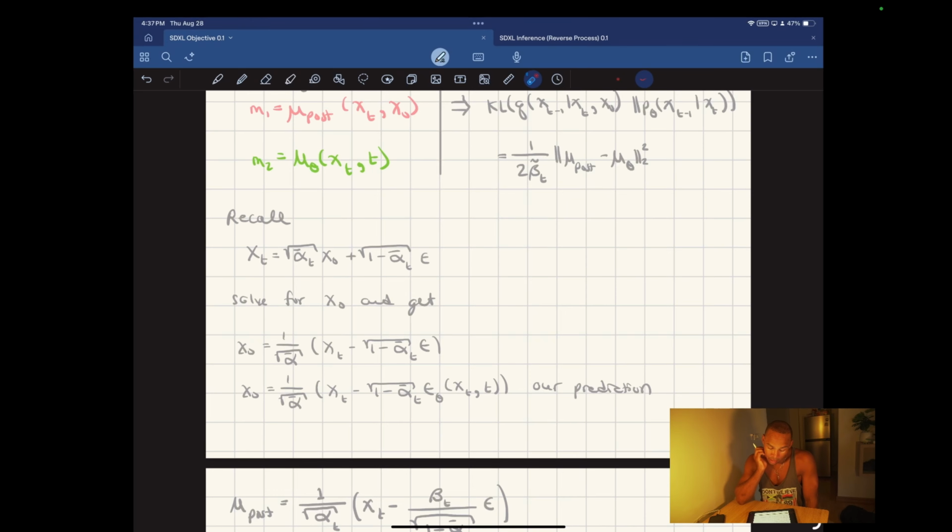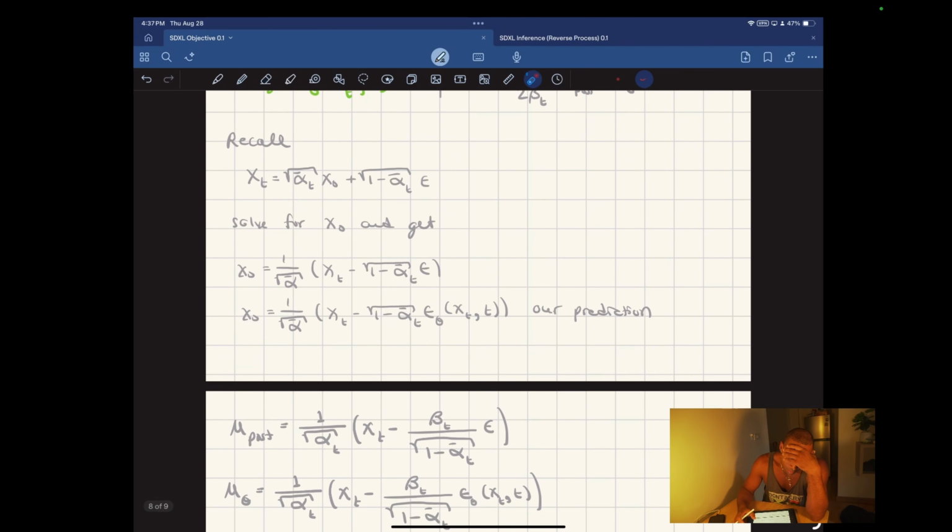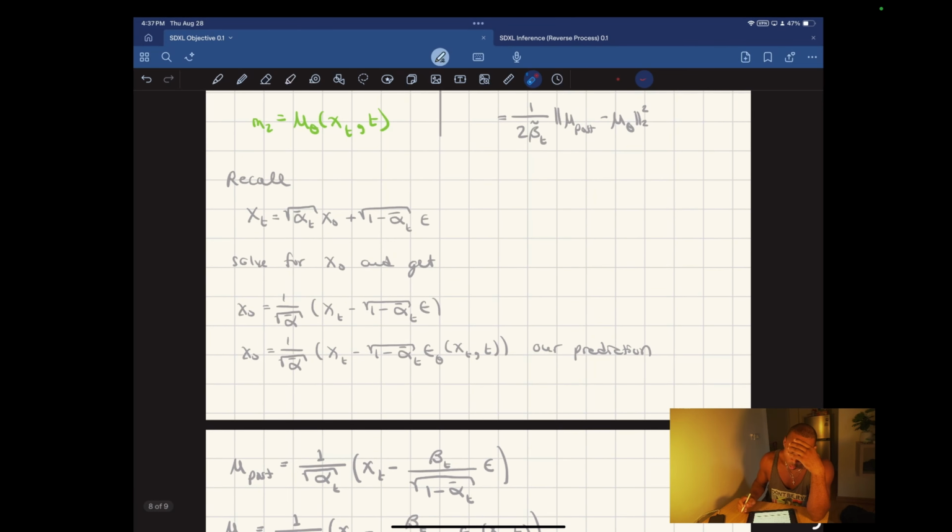So, okay. Now we're gonna do one more step to bring it to the epsilon form you see in the paper. If you recall from 2 videos ago in the reverse process, when we were deriving the reverse process, we used the sampling form of a Gaussian.